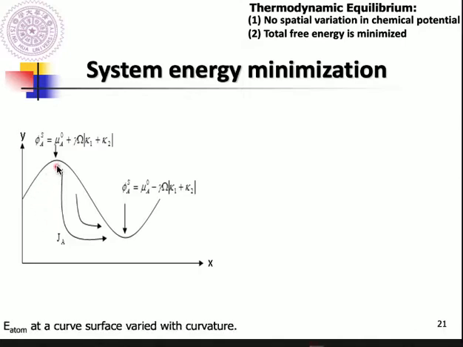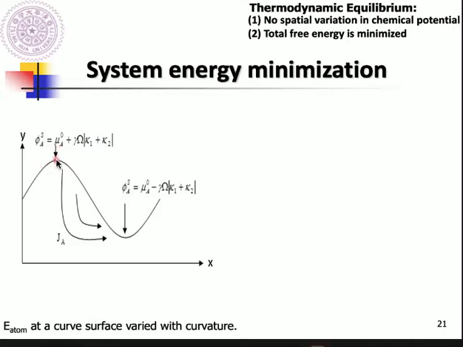So if now we have atom A here and atom A here also, the chemical potential of the atom located at the convex side can be expressed like this. μ_A^S, the chemical potential of atom A at the surface, equals μ_A0, the chemical potential of atom A at the flat surface.